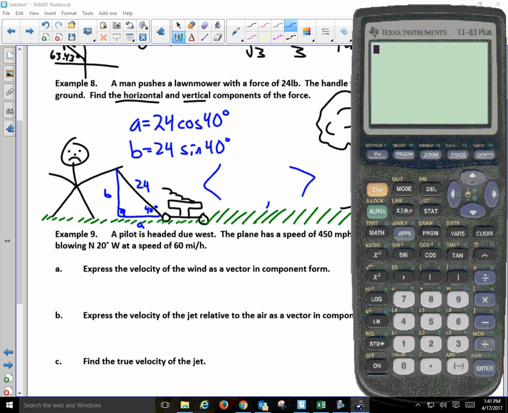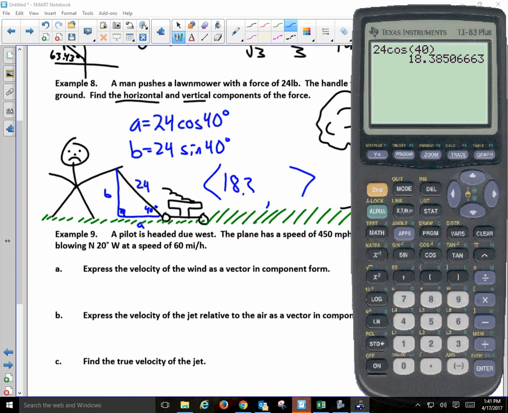Well, there probably is, but we'd have to use a lot of sum and difference and half angle stuff, and that would be quite a bit of work. So we get 18.38 pounds of force exerted horizontally, and then 24 sine of 40, and that's what's exerted vertically, 15.43.